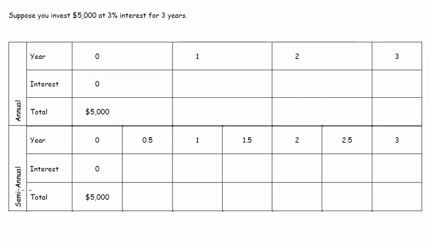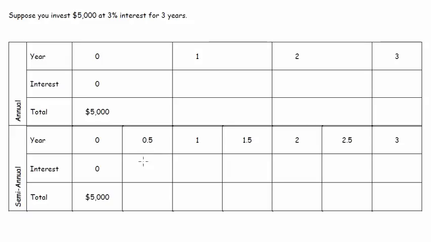And we want to see how much money we earn here. Alright, so the first case here, I am paid annually, once a year. So at time 0, I deposit $5,000. I walk away and come back 3 years later to see how much I have if I am paid annually.